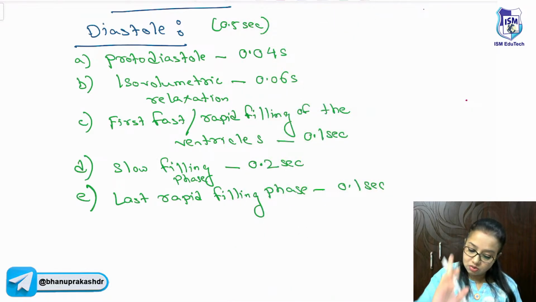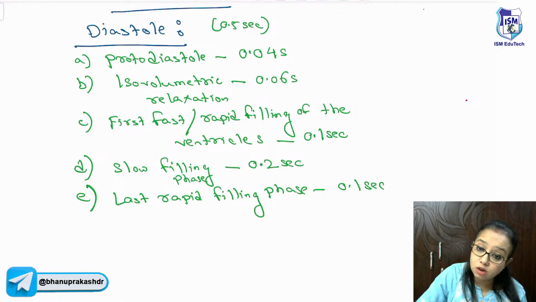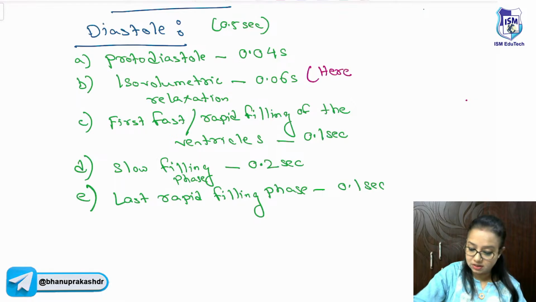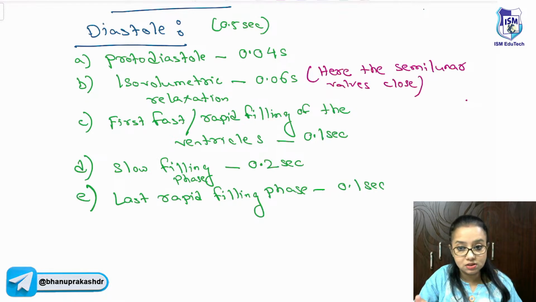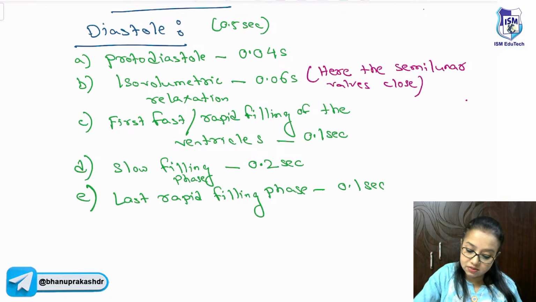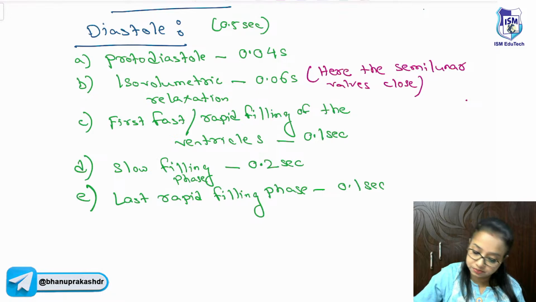Now here, one thing that we have to remember is that with the start of the isovolumetric relaxation, the semilunar valves close. This is the important event that is happening in the diastolic phase of the ventricle.